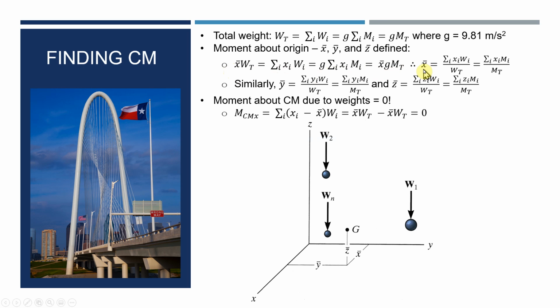So solving for x bar, we get the summation over all the particles of the x distance of an individual object from the point of reference times the object's weight divided by the total weight, which is this, which also equals, for constant g, little g that is, the summation over all the particles of the x coordinate from the point of reference times the mass of the individual particle divided by m total.